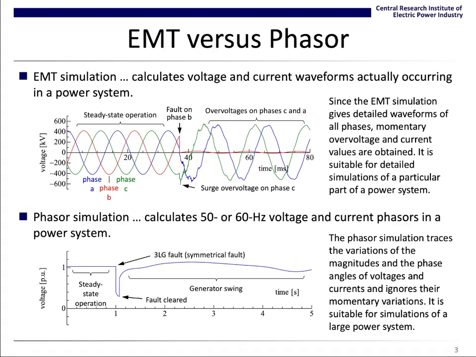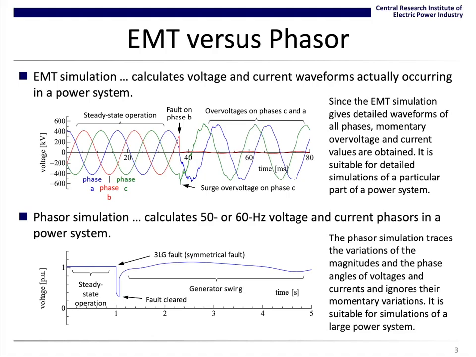The Phasor simulation calculates time variations of 50 or 60 Hz voltage and current phasors in a power system. Since balanced three phases are assumed, the phenomenon is represented by positive sequence voltages and currents. In the lower figure, a symmetrical three-phase line-to-ground fault occurs, and a voltage drop and a subsequent generator swing is observed.